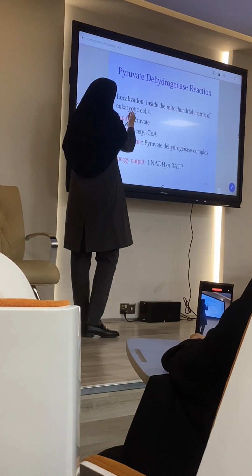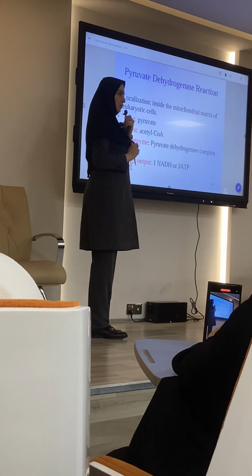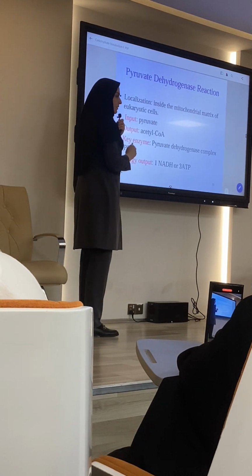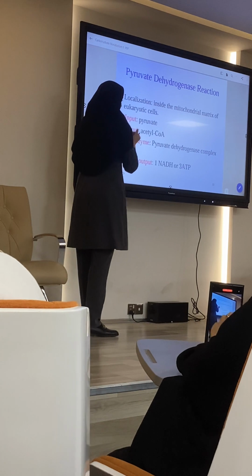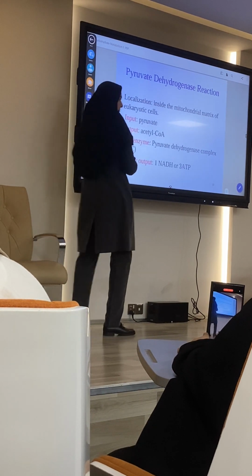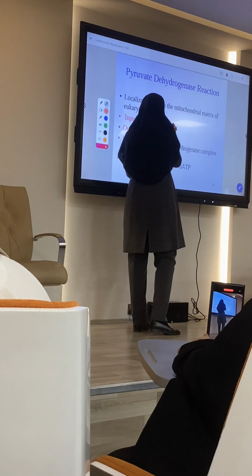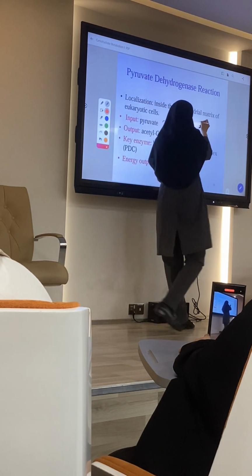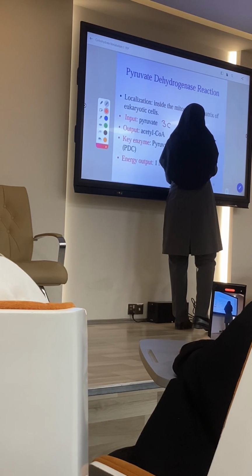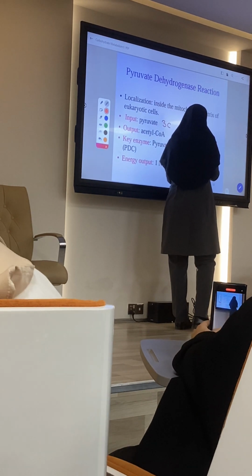What is the localization? This is inside the mitochondria. What is the input? Pyruvate. What is the output? How many carbons are present in pyruvate? Three. Remember, glycolysis converts 6 carbons finally to 2 pyruvate. Am I right?